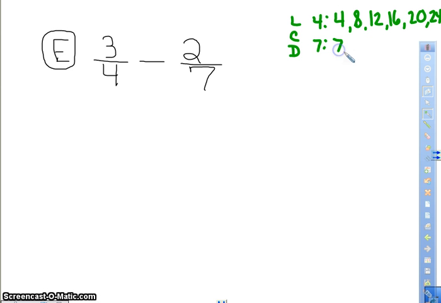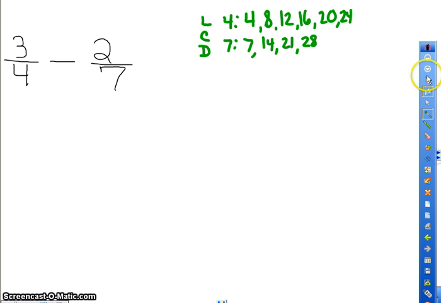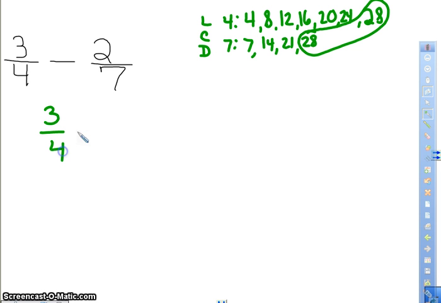For 7, I have 7, 14, 21, 28, and I know my next one here will be 28 as well. Okay, so 28 is going to be my LCD. So I need to change both of them to fractions with 28 as my denominator.